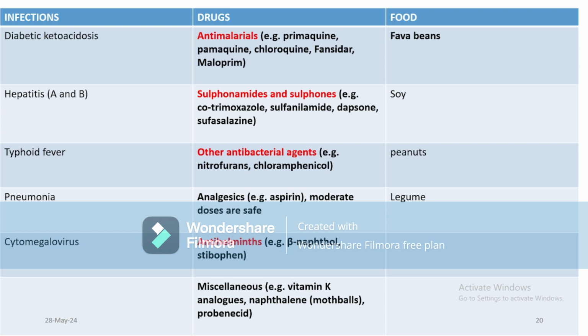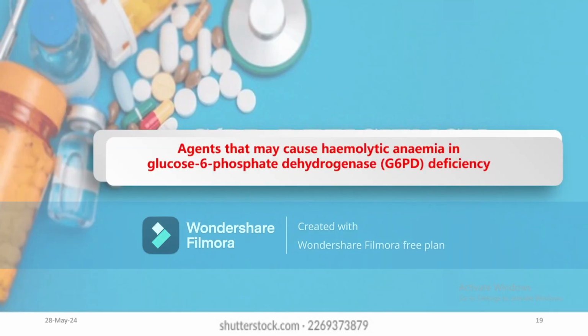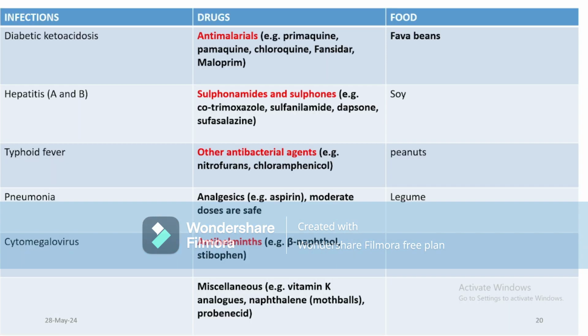The etiology is not all that known for how diabetic ketoacidosis affects a G6PD deficiency patient. One of the infections is hepatitis, hepatitis A and B. When you are G6PD deficient and you also get hepatitis A or B, it may increase your risk of hemolysis, it may hemolyze the red cell, okay?